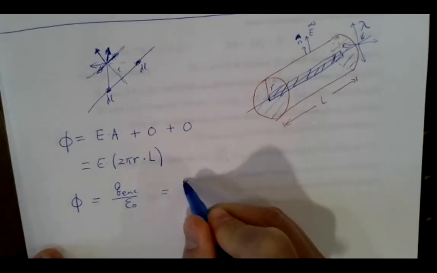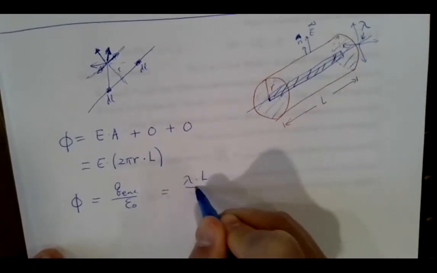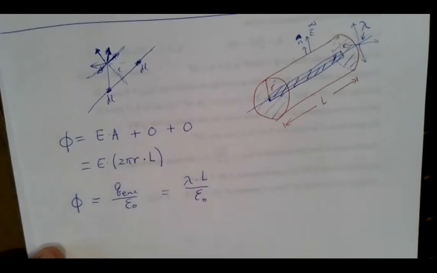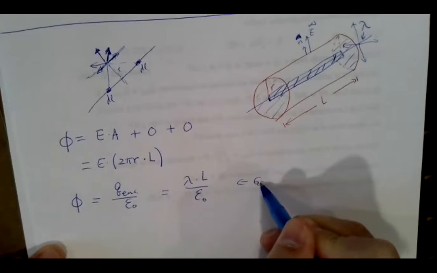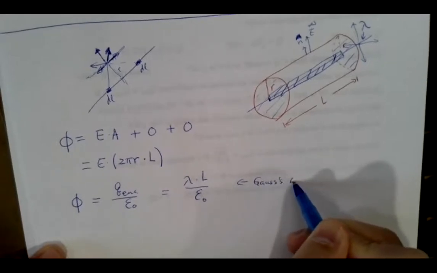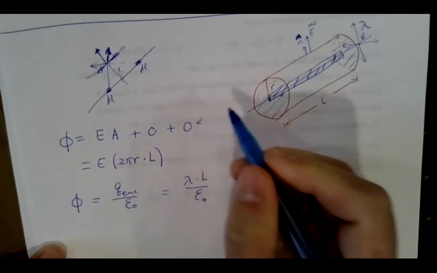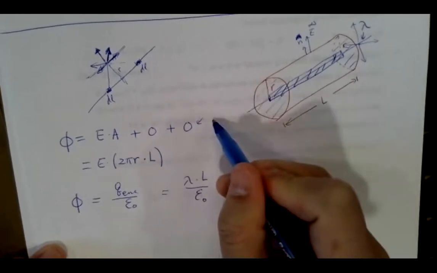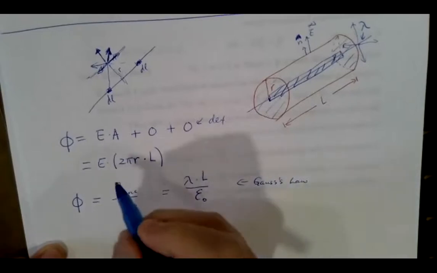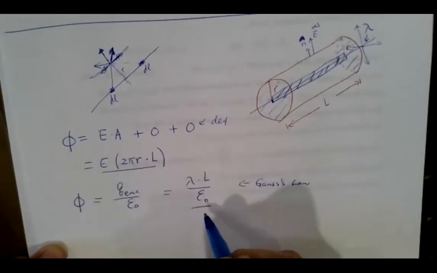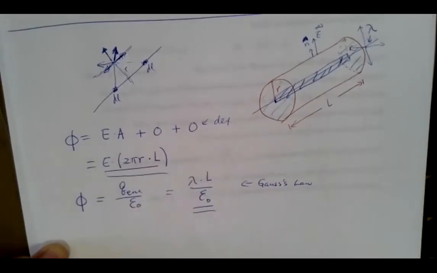So then Q will be equal to lambda times the length, divided by epsilon naught, okay? So this is a flux from Gauss's law, okay? And then this is from the electric flux definition, okay?